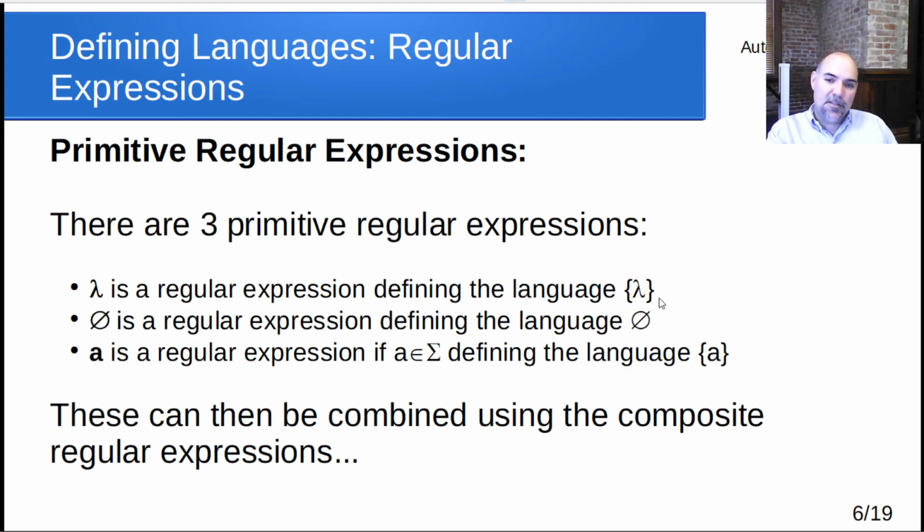Notice that these are different. This has one string, which happens to have no symbols in it. This has no strings at all, not even the empty string. This is called the null language. And then we have another one.